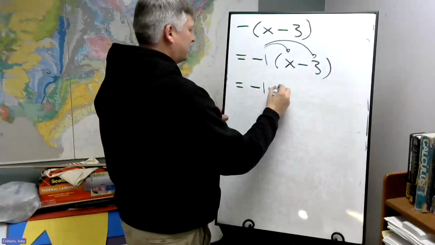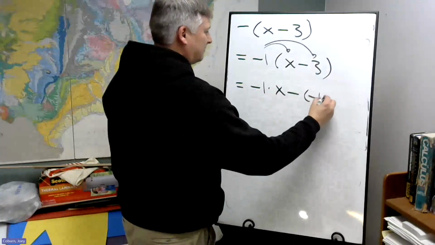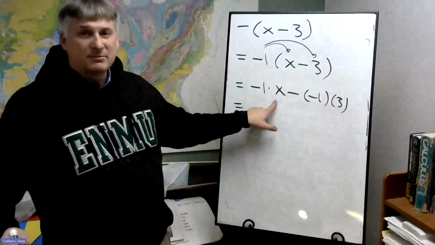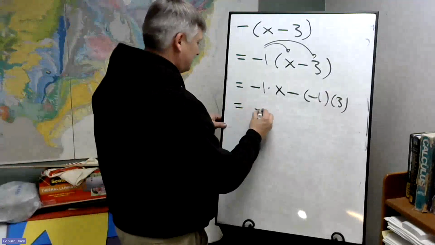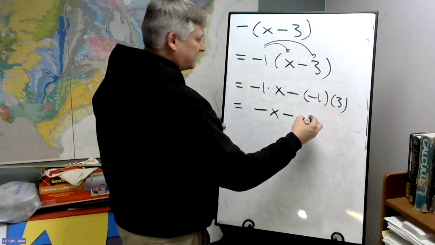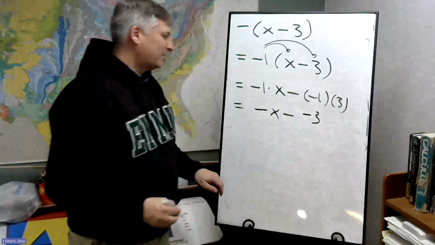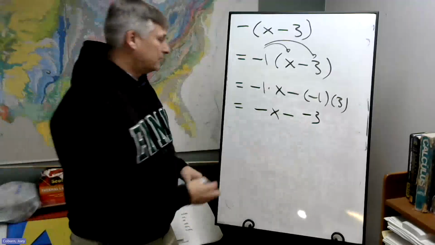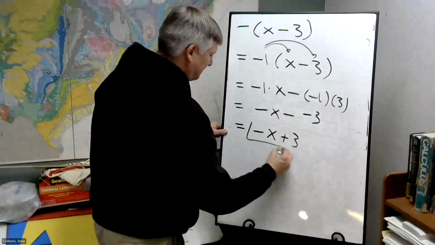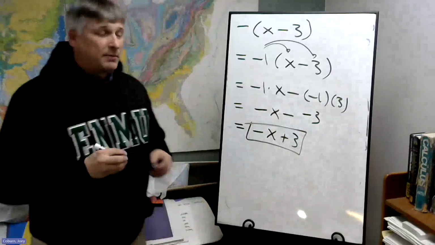We get -1 times x minus -1 times 3. Now, -1 times x is -x. And this will be subtract -1 times 3 is -3. And again, double negative, -x plus 3. That's one way people do this.